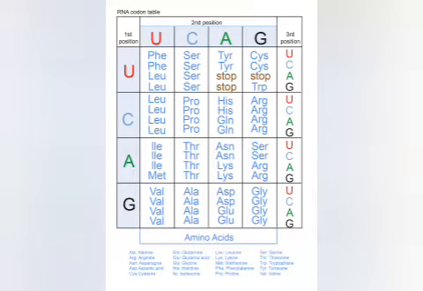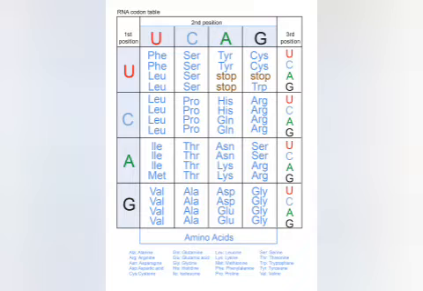According to Crick, only 32 types of tRNA could be sufficient to transport 20 amino acids.